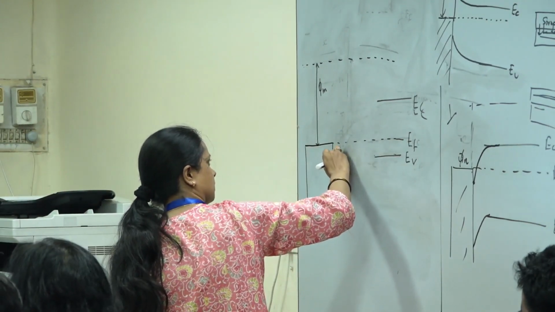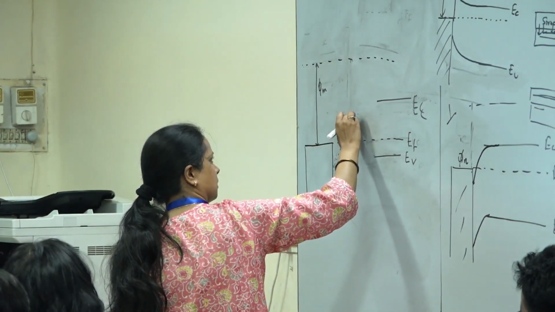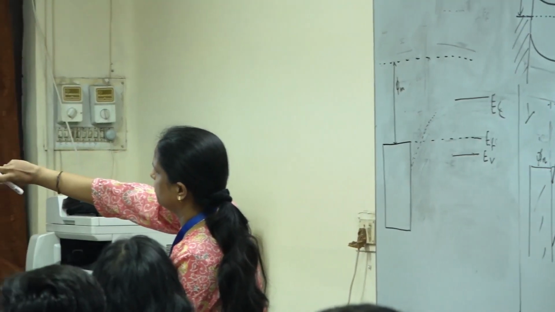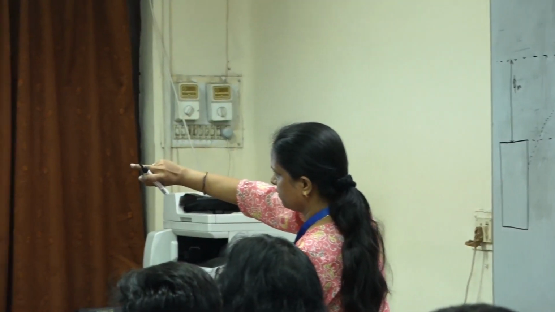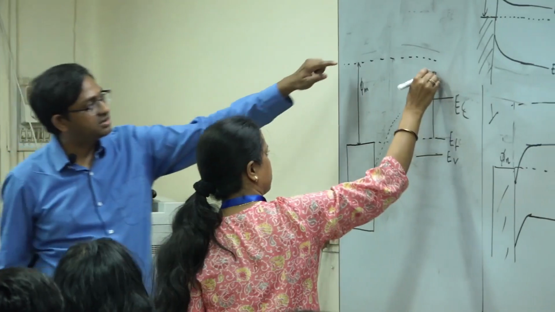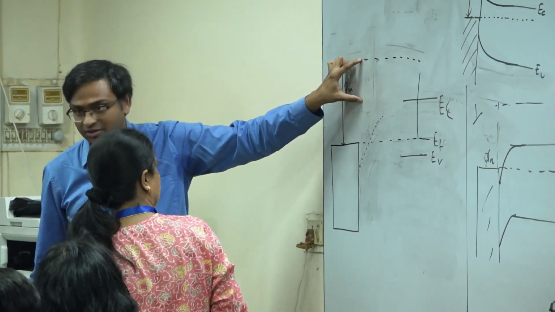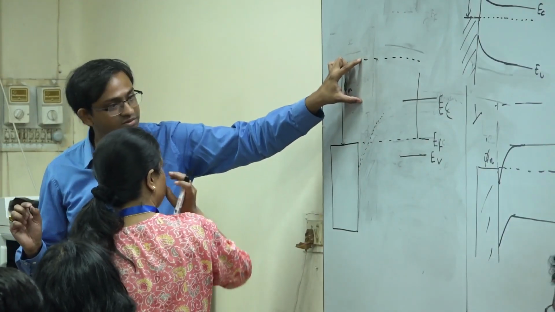So here, where is the chi and where is the phi m? But chi is smaller and phi m is larger. So at this point, if phi m is this far, chi should be closer. That's rule number 2, correct?